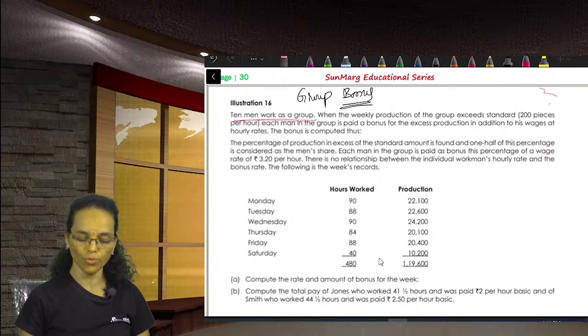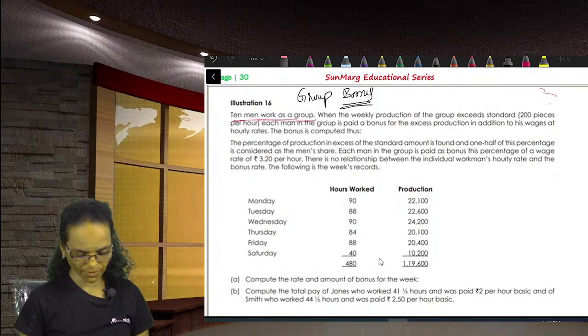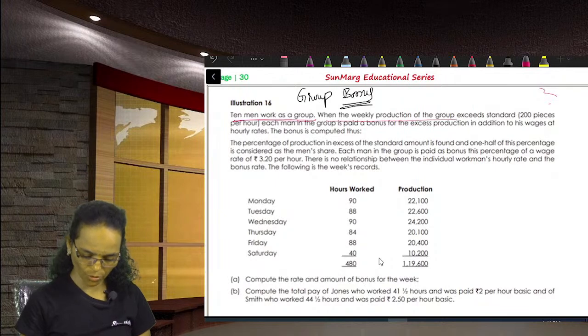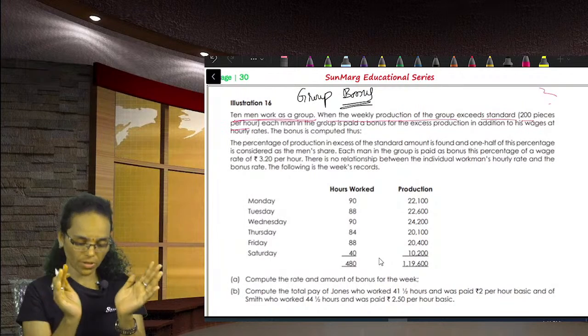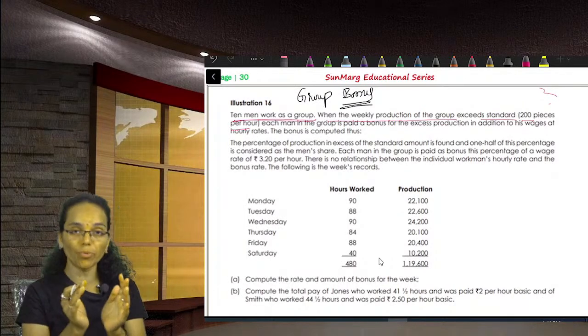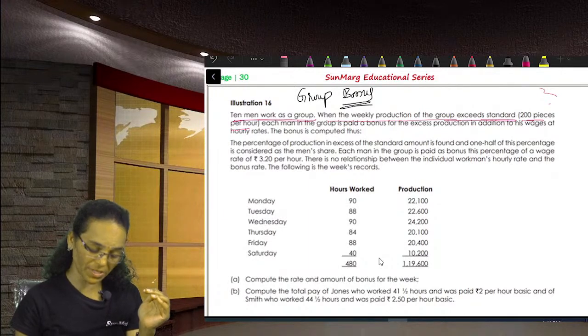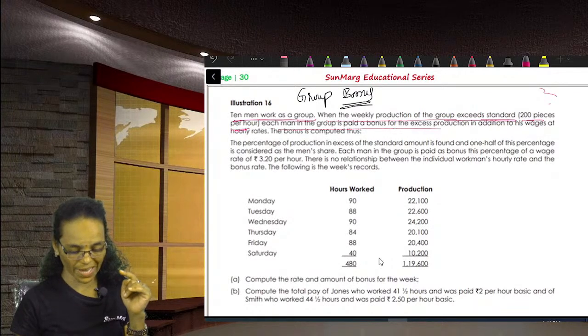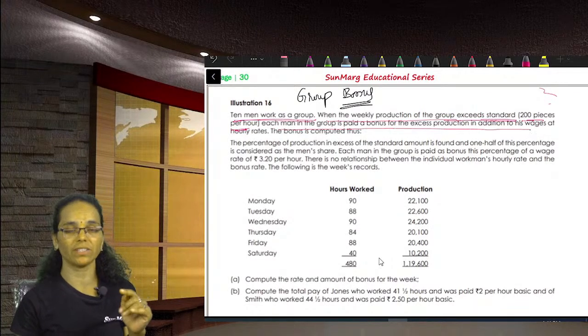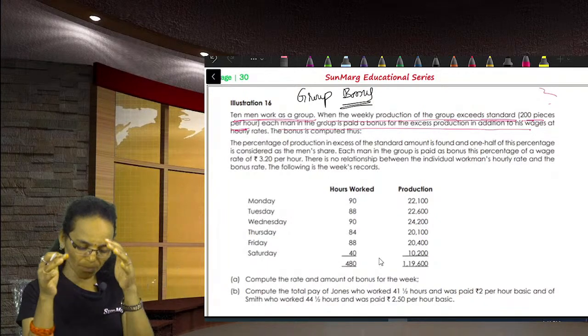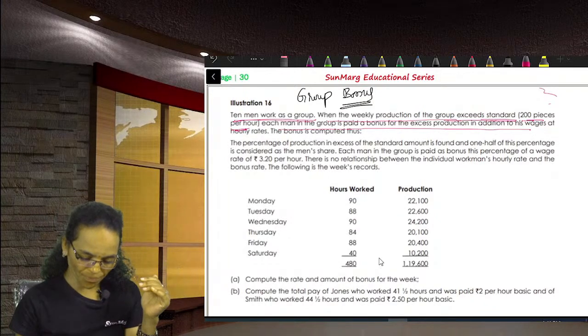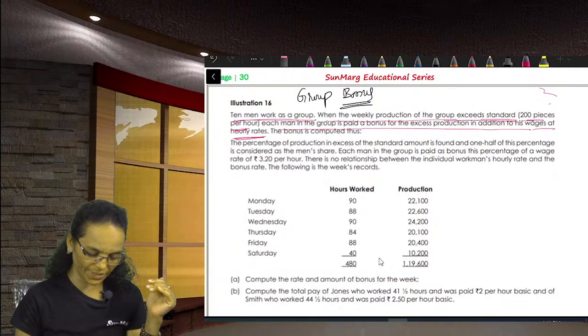When the weekly production of the group exceeds the standard of 200 pieces per hour, each man in the group is paid a bonus for the excess production in addition to his wages. Apart from his wages, he will be paid an additional group bonus at the hourly rate. We will discuss what the hourly rate is.